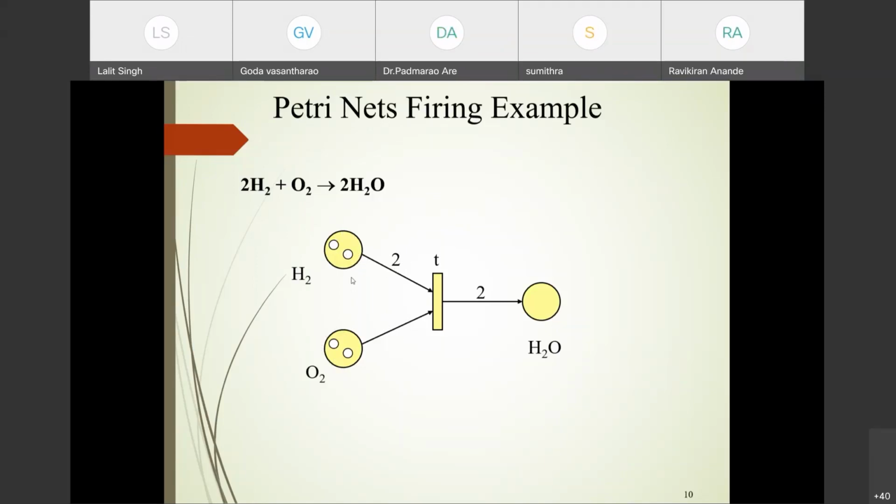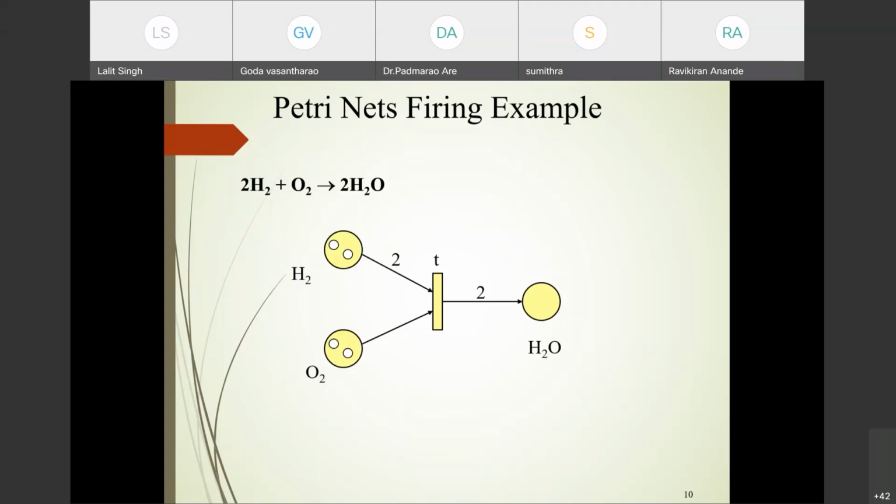So it should be in AND logic. There is no OR logic. In this case, hydrogen place and oxygen place are containing a sufficient number of tokens. It means in this figure, the transition is in enabled state.